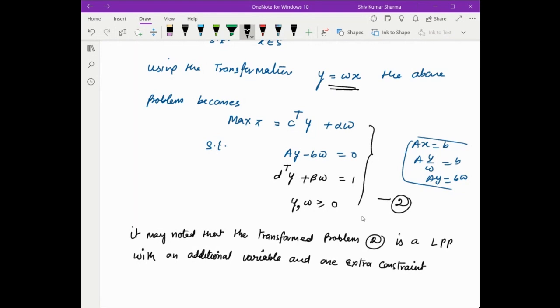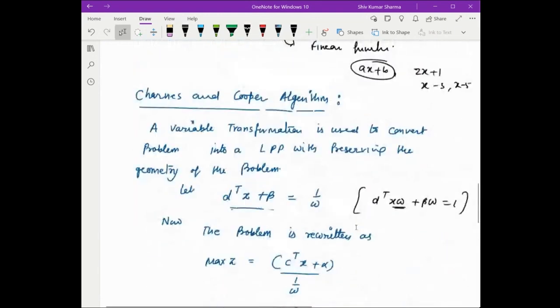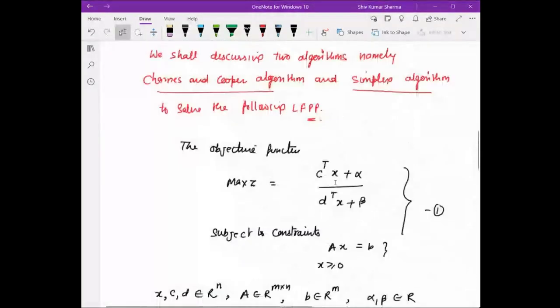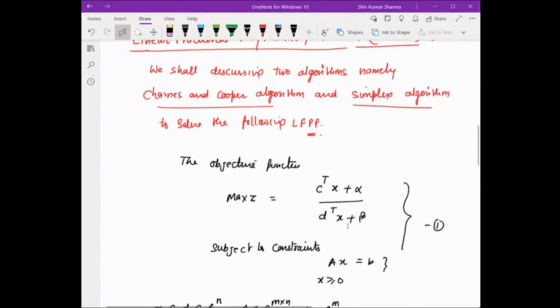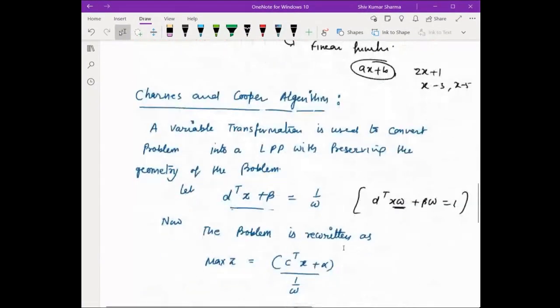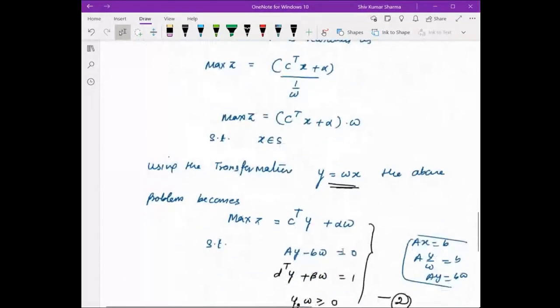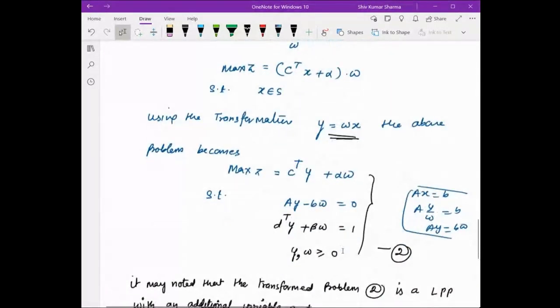The additional variable is omega, because the problem is given in this form where x is the only variable. But here we use y and omega. That means omega x is replaced by y.